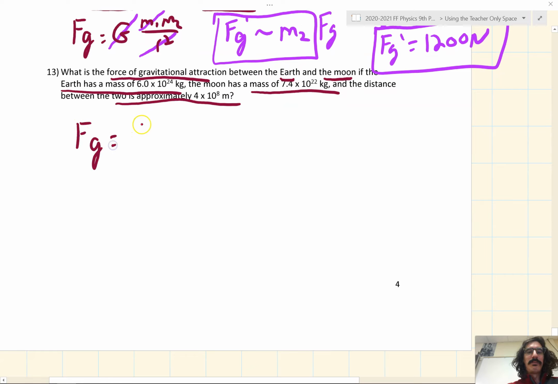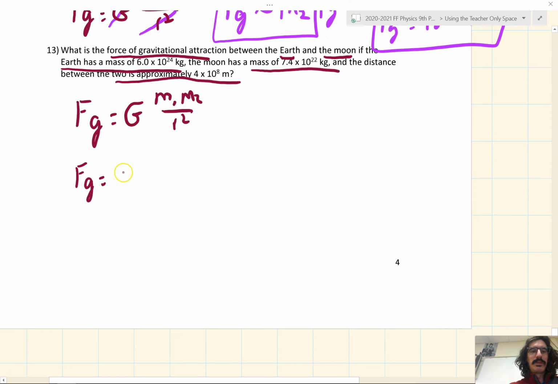plugging and chugging. F sub g equals g m1 m2 over r squared. G is the gravitational constant. It's on the front page of your Regents reference table. That's 6.67 times 10 to the negative 11 newtons times meter squared per kilogram squared.